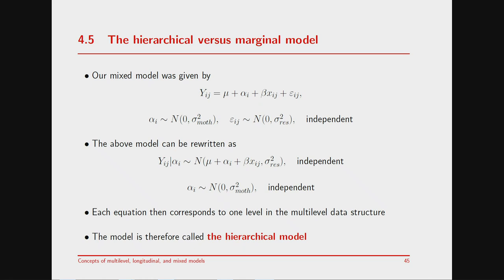What is now the marginal model? It's the model that explains what the marginal distribution for y is, not the conditional one anymore. So you integrate out the alphas, basically. Technically, if you really would like to do that mathematically, but of course we're not going to do that because there's a much easier solution, the marginal distribution of y is the conditional distribution of y given alpha_i, where you integrate out all the alpha_i's over the alpha_i distribution.